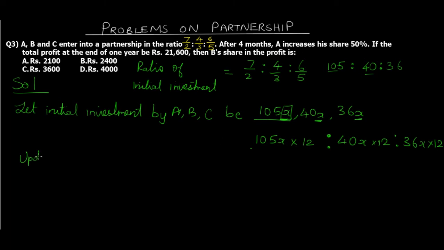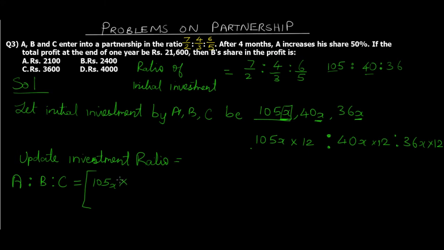So the updated investment ratio is going to be A is to B is to C, which is equal to 105x into 4 months, because for 4 months he has invested 105x, plus now since the share has increased by 50%, 50% of 105x has to be calculated.